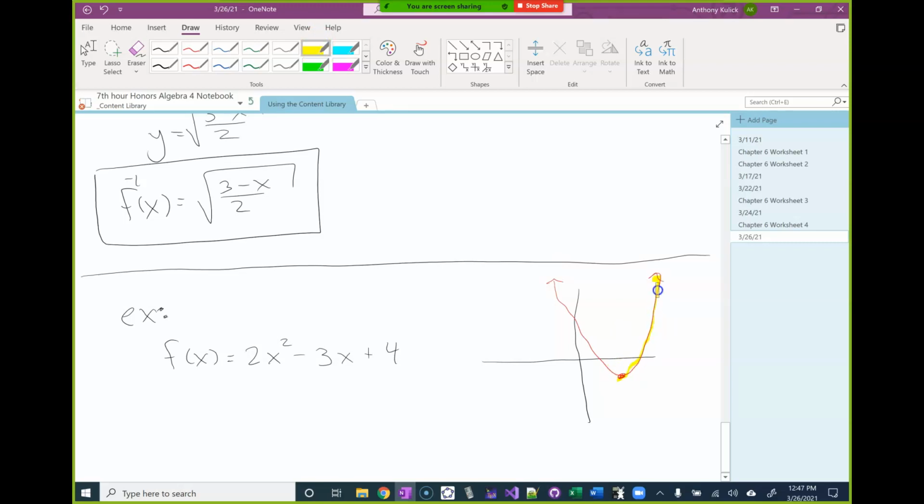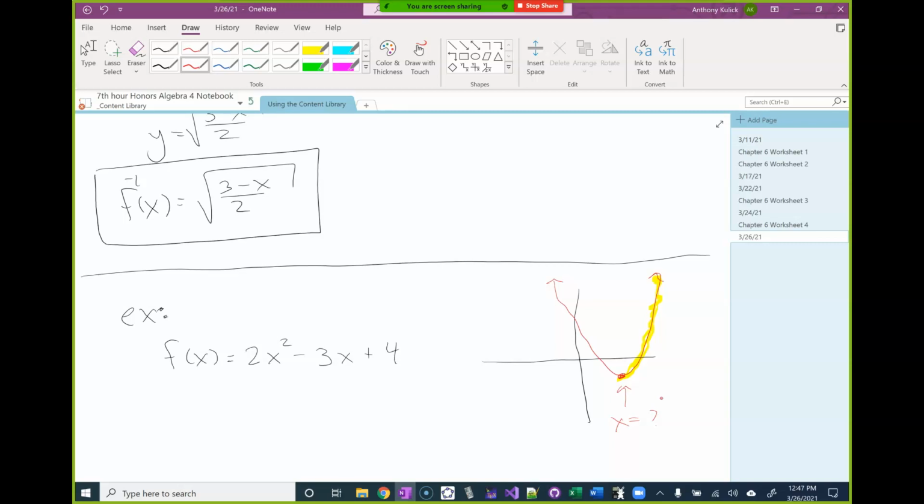So before I get going, I need to figure out what that x coordinate is, right? Well, that point that I'm pointing at has a special name. What's that point called? The vertex, right?